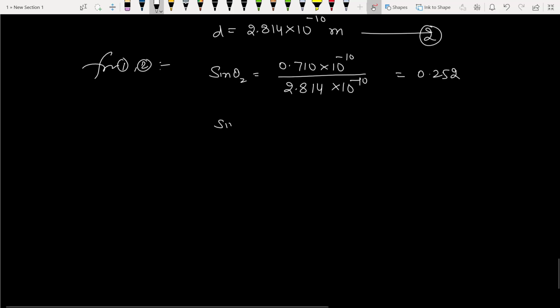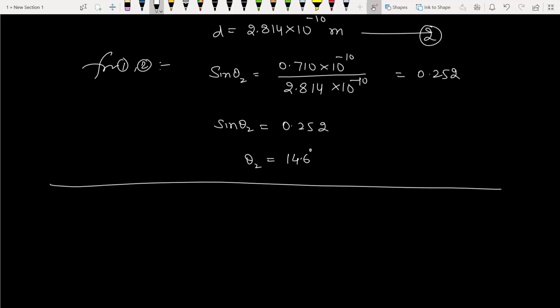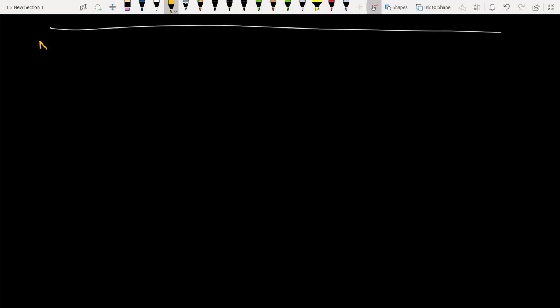Now we need a log table or a scientific calculator to find the angle, and using that you can very easily get the angle for second order diffraction equal to 14.6 degree.